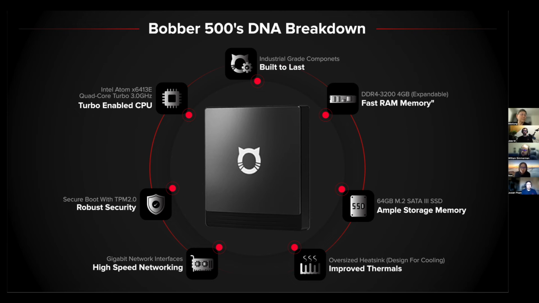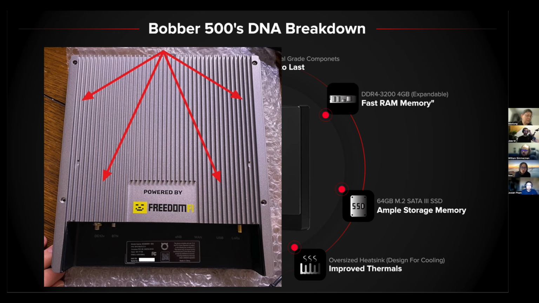And then the last important thing to consider is thermals. So, like we mentioned before, the hotter something runs, the less time it'll last. So, you want to make sure that your gateway can run cool. So, the Bobber 500 chassis, if you notice, the actual unit of the Bobber 500 is a lot bigger than, say, the Miner 300.